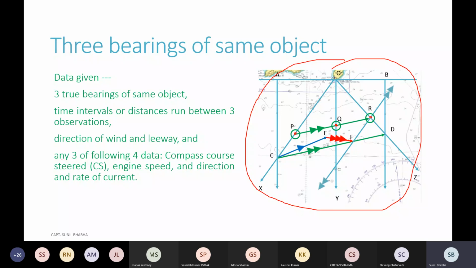And they will give us three data items out of compass course steered, engine speed, direction of the current, and rate of the current. So out of these four data items, any three could be provided in the question. This is the data which is available. What we are required to find is the course made good by the ship and the position of the ship at all three times.